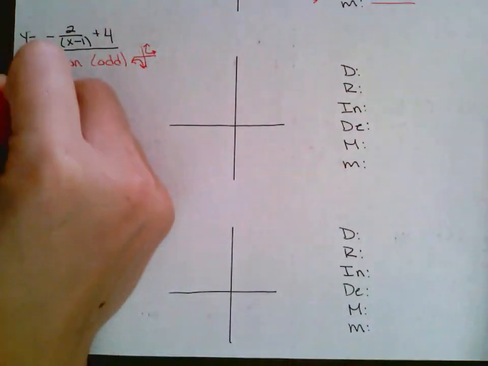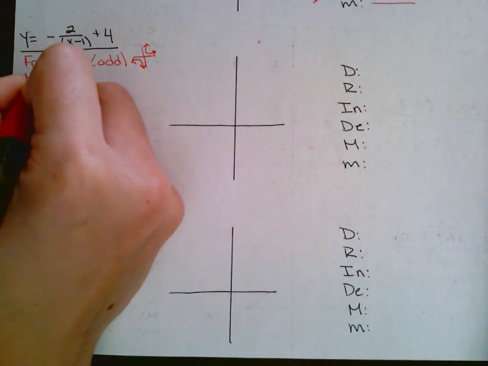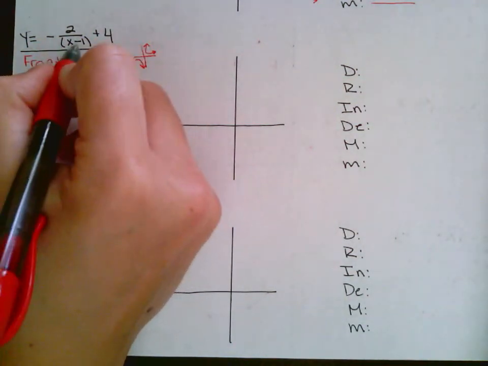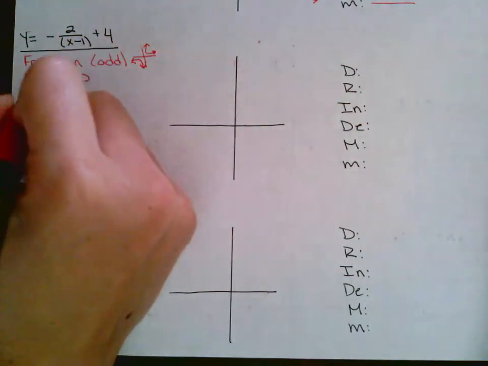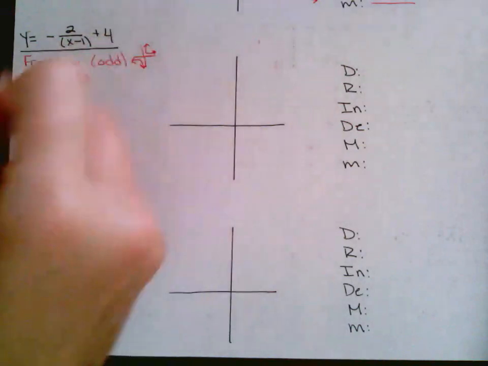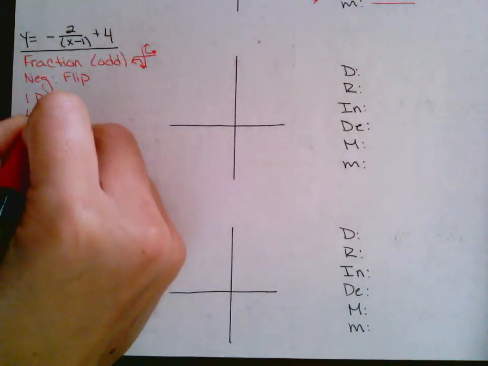Okay, now the negative means it's going to flip. The -1 grouped on the inside is going to go 1 to the right. And the +4 on the outside means it's going to go 4 up.